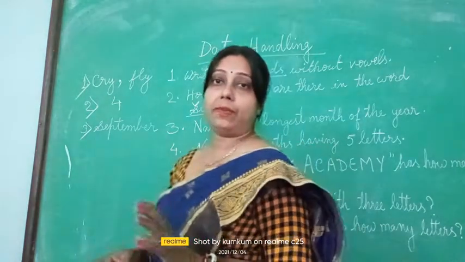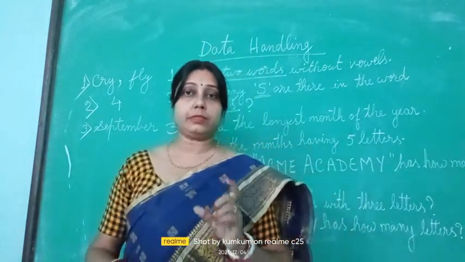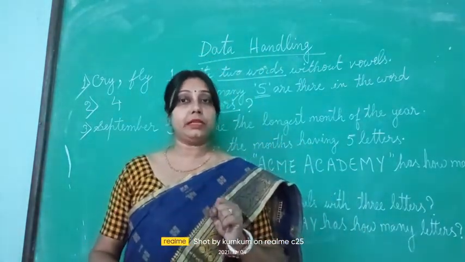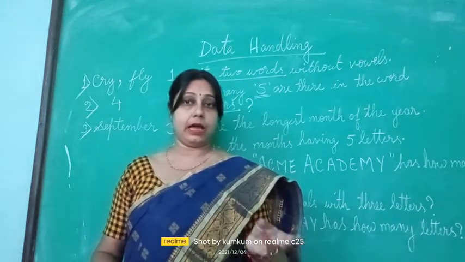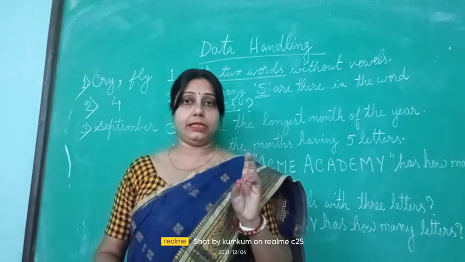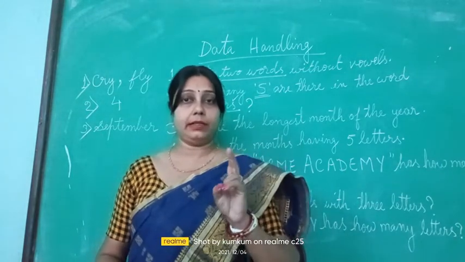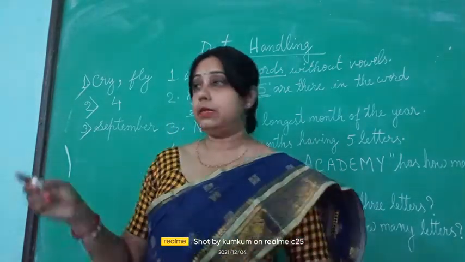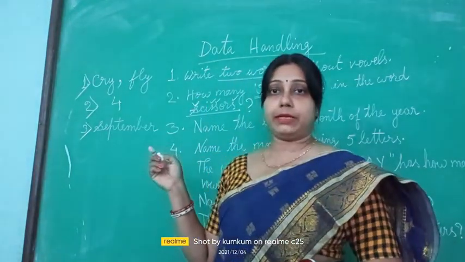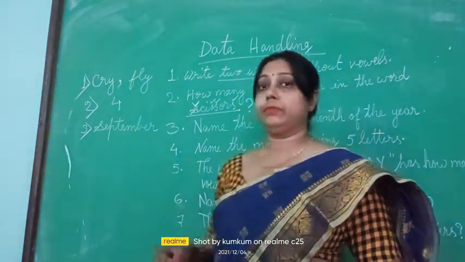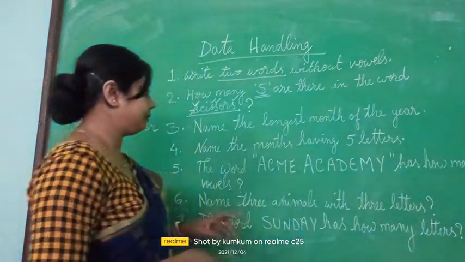So 9 alphabets are used to write the spelling September. Now if you think December, D-E-C-E-M-B-E-R, it is 8. In the word December, there are 8 alphabets, but the longest one is September. Here 9 alphabets are used to write down the spelling. So let us read the next question.